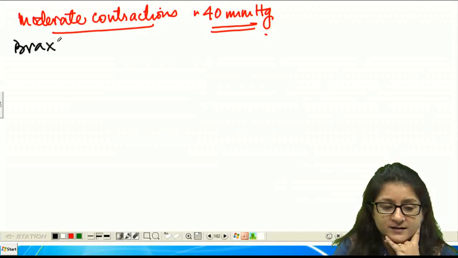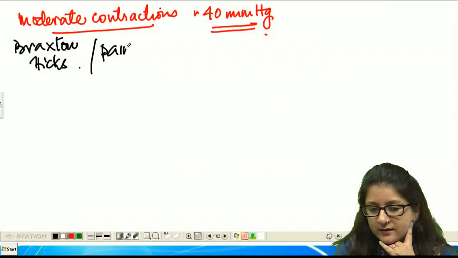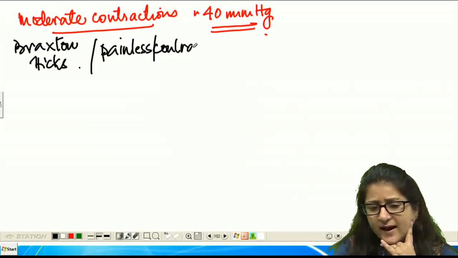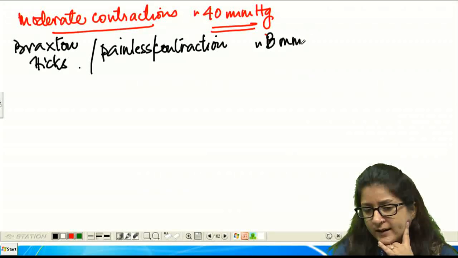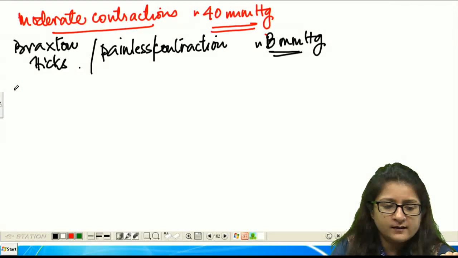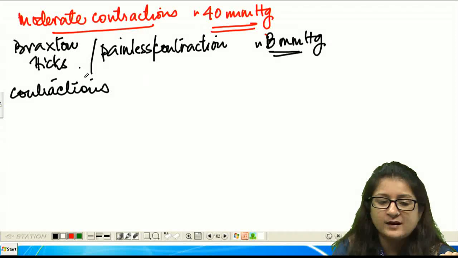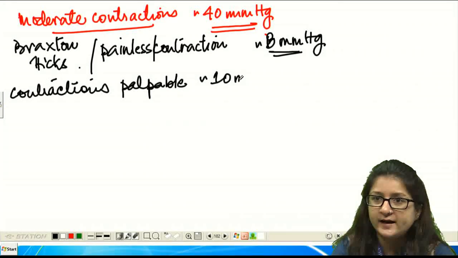Then we have Braxton Hicks contractions, which are painless uterine contractions that happen throughout pregnancy, and their pressure is somewhere around 8 mmHg, on average around 8 to 10. So the uterine contractions become palpable at an intensity of 10 mmHg.